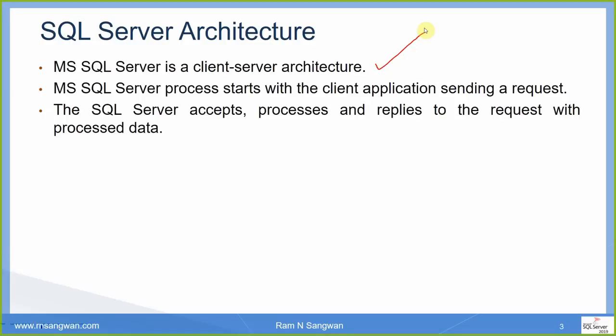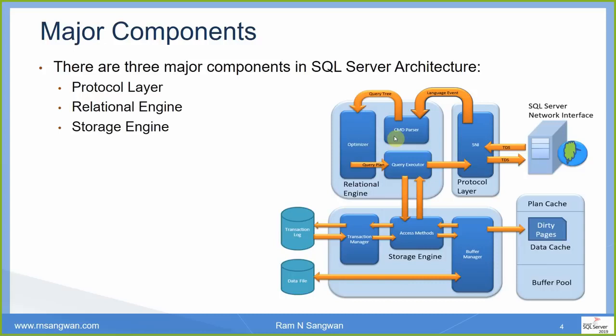The server is offering the services. So the MS SQL Server process starts with the client application sending a request. The server accepts, processes and replies to the request with processed data. Basic thing. There are three major components in SQL Server architecture: protocol layer, relational engine and storage engine.